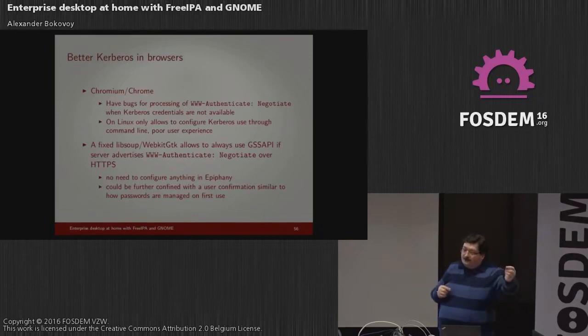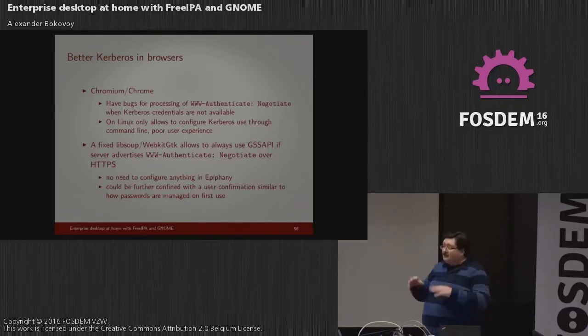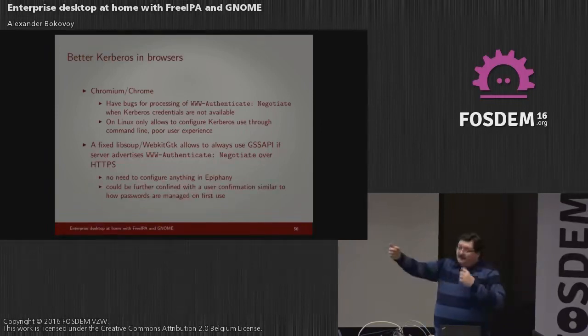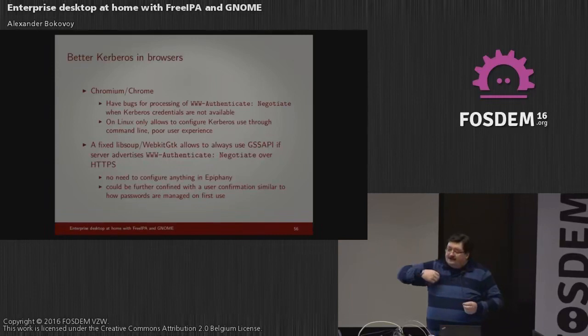You authenticate to your Kerberos distribution center. So you ask the KDC, give me a ticket to that third party. And that means that the KDC has to know that third party. If you ask a KDC and the KDC says, I cannot give you a ticket, it means that most likely it doesn't know about the service. So the third-party server, the web server, doesn't even get the response back with your Kerberos credentials.